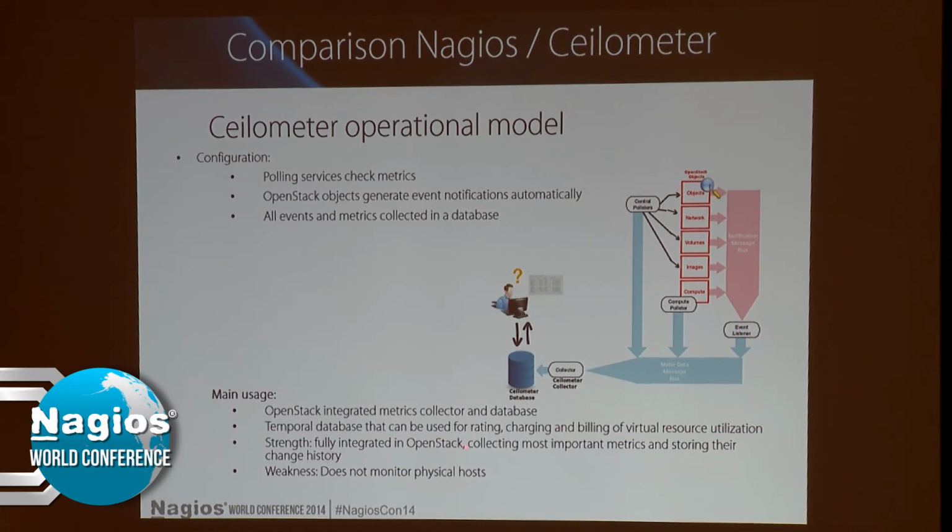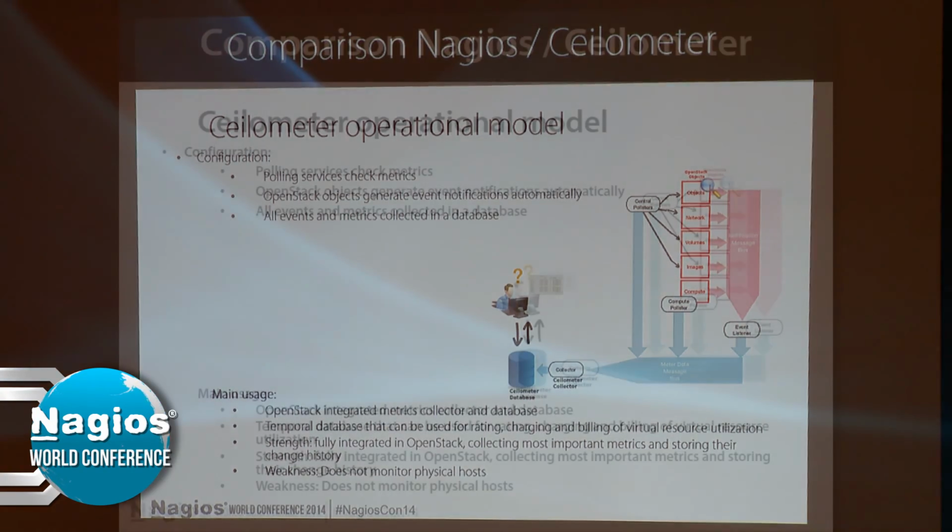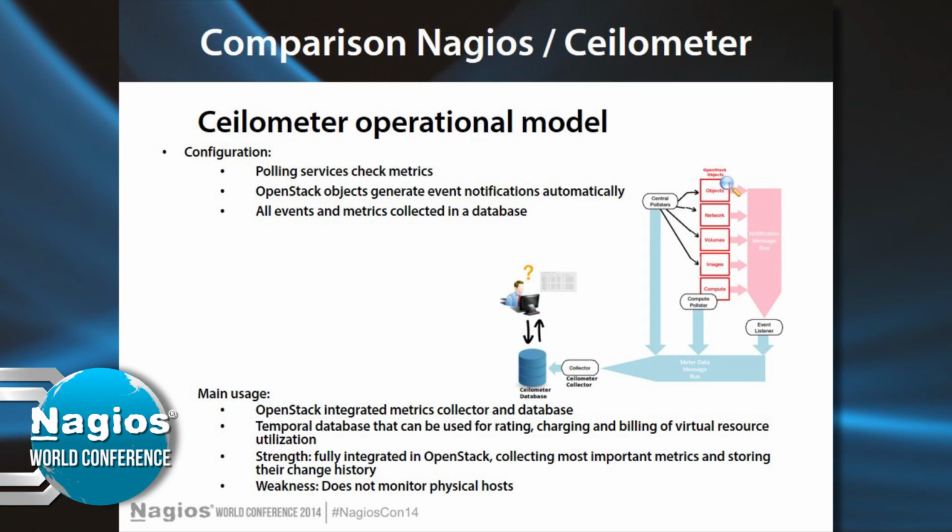It's fully integrated in OpenStack, and it collects the most important metrics and also stores their change history. The weakness is that Ceilometer does not monitor the physical hosts where the OpenStack components are running. This is one weakness, and this is why we have to use Nagios.